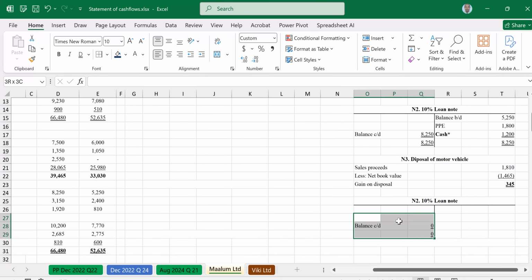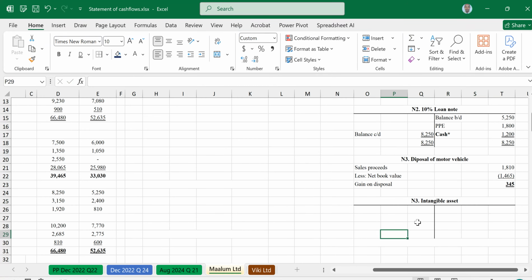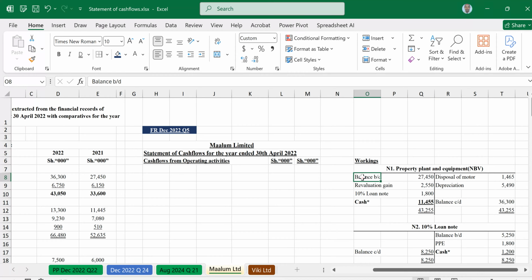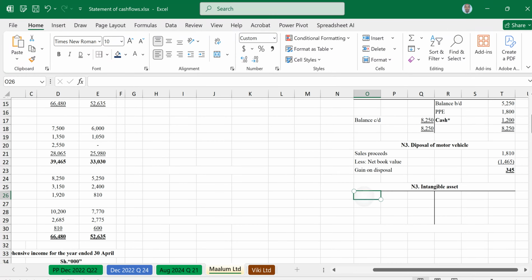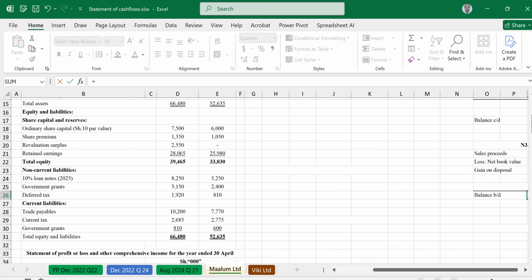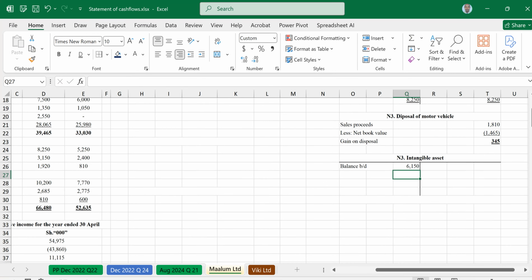Now the balance brought down on intangible assets amounted to 6150. That is the balance brought down.